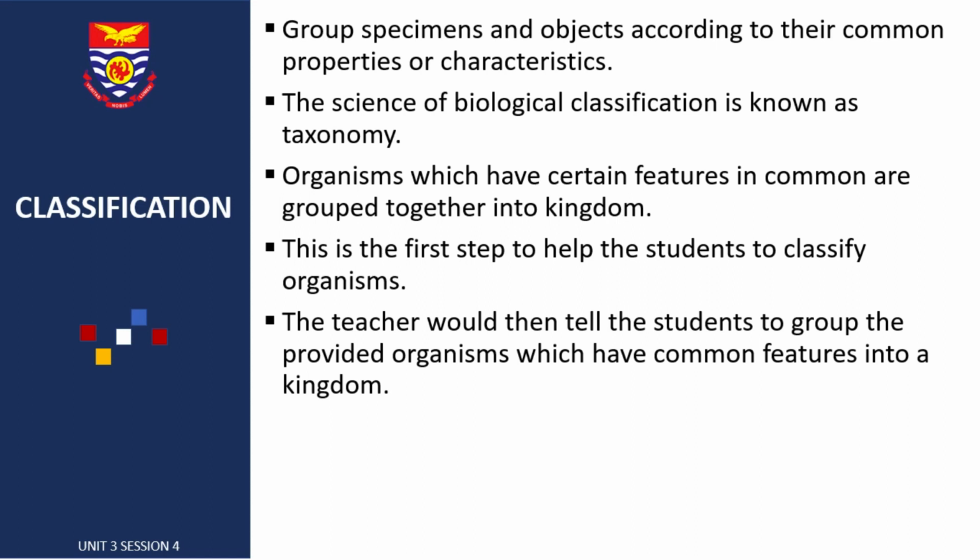The phyla will be split into classes, and then the classes will be split into orders, and then the orders into families, and then the families into genera. So it's a process: kingdom, phylum, class, order, families, genera, and then species.